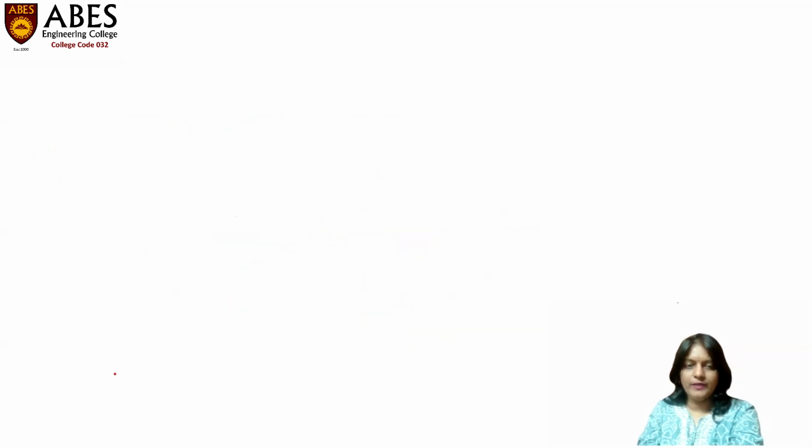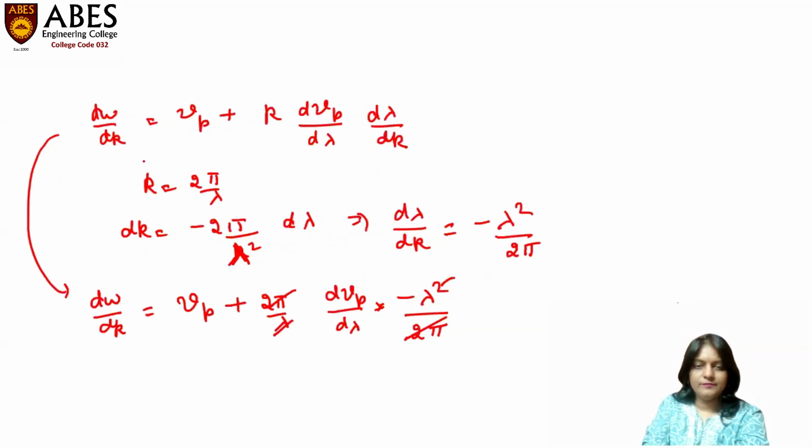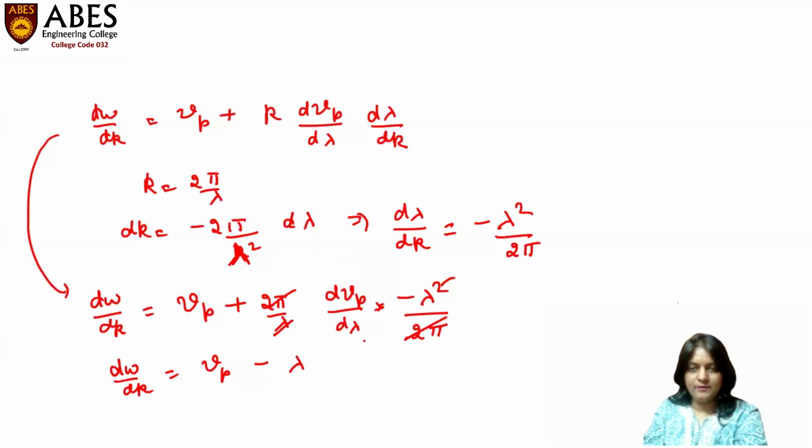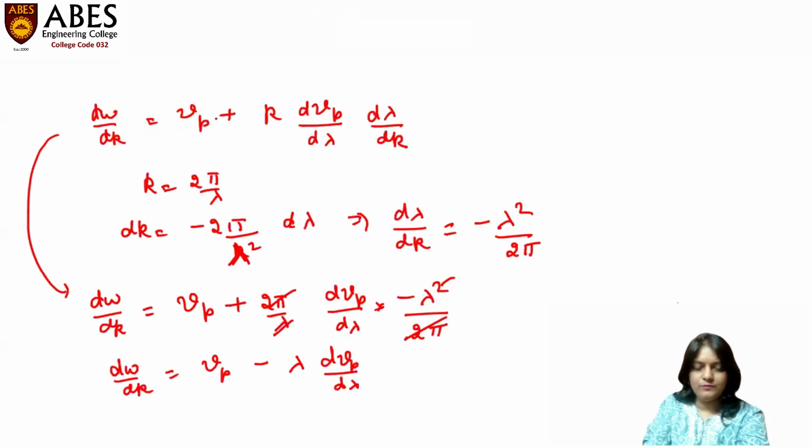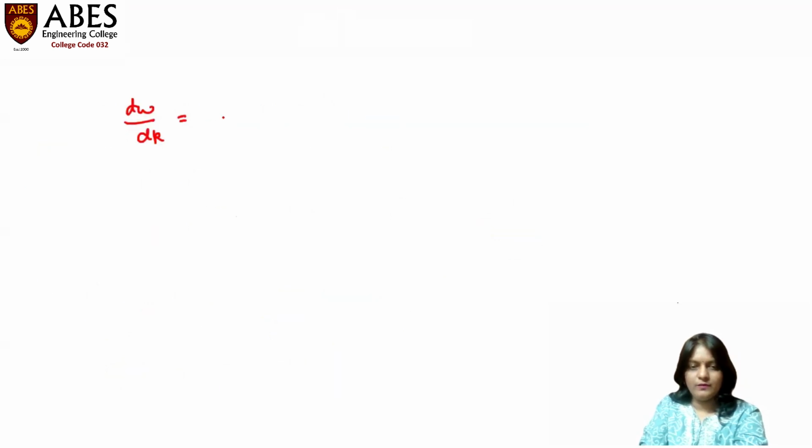It becomes d omega by dk equal to Vp minus lambda dVp by d lambda.